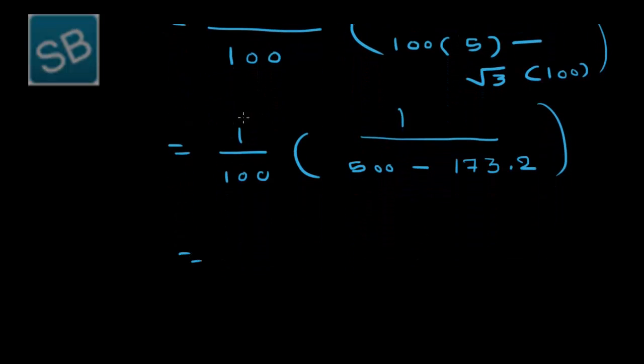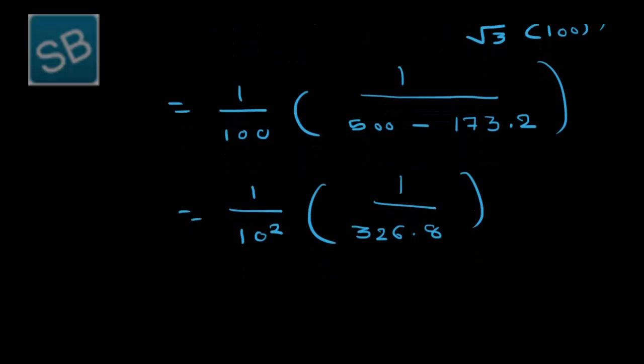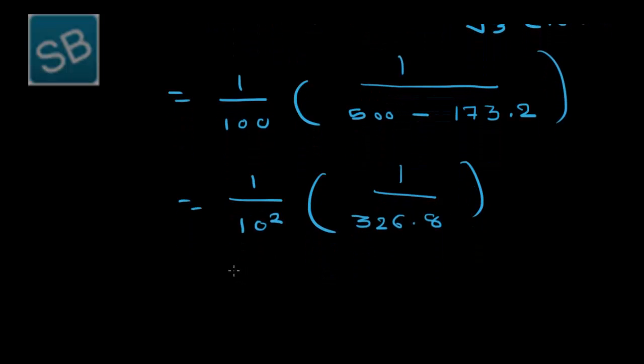Now I can write this 1 over 100 as 1 upon 10 square, into this value, which comes around 326.8, which is equal to 10 to power minus 2 divided by 326.8.